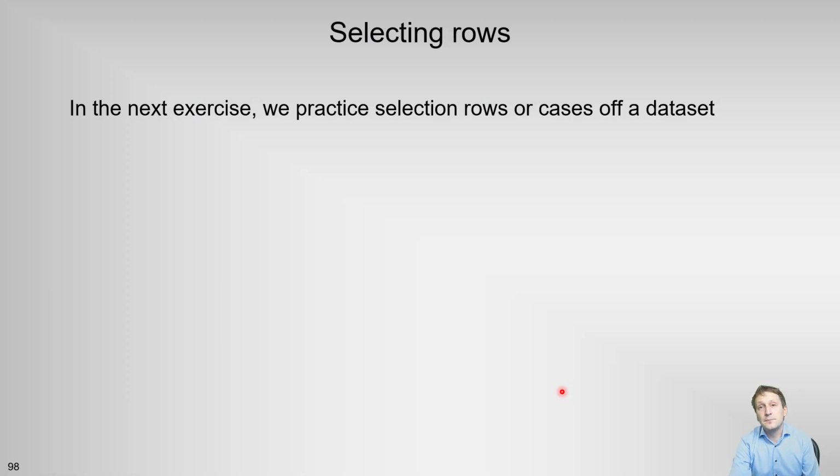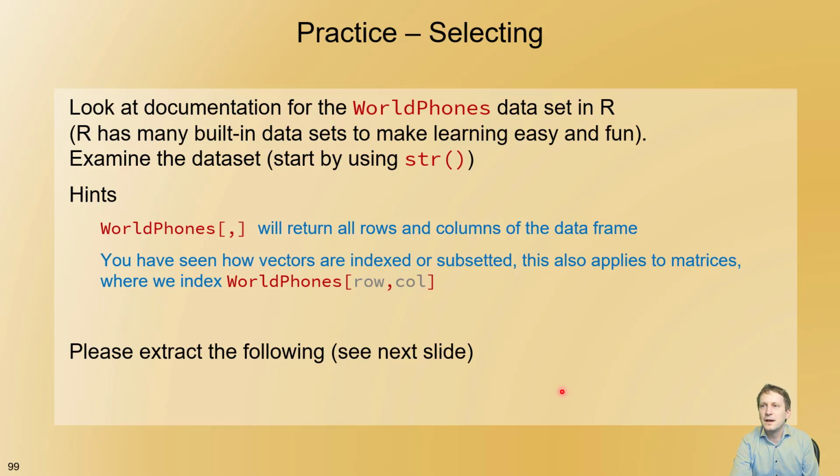Okay. Let's focus a little bit more on selecting rows versus selecting columns. In the next exercise, we will practice the selection of rows and also some columns using one of those built-in data sets. So look at the documentation of the WorldPhones dataset that's built into R. Okay, a few hints.